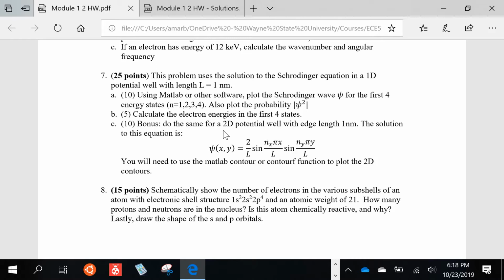Now this problem uses the solution of the Schrodinger equation in a one-dimensional potential well, and then we're just plotting it and calculating the electron energies. With the Schrodinger equation, obviously I'm not going to ask you to plot a function with MATLAB, because you're not going to have access to MATLAB.